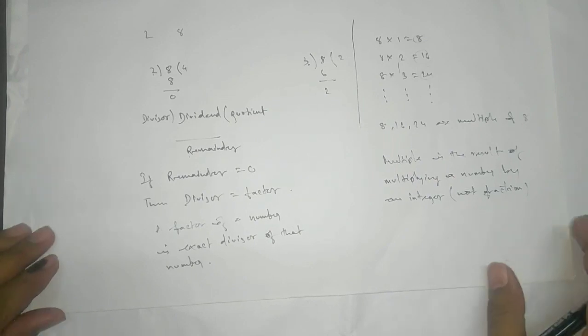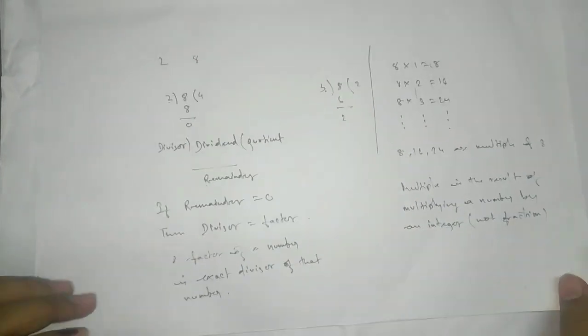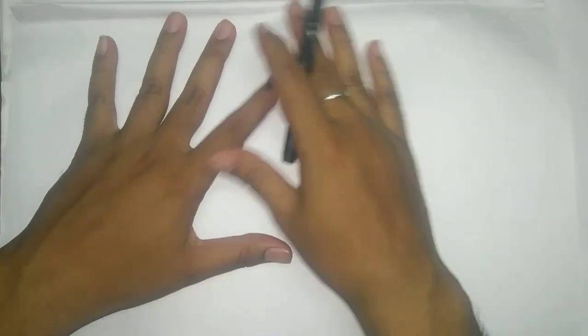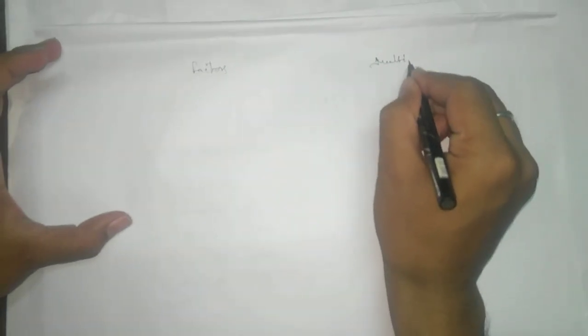Now let's take more examples and try to differentiate between these two. One side factors and another side multiples.